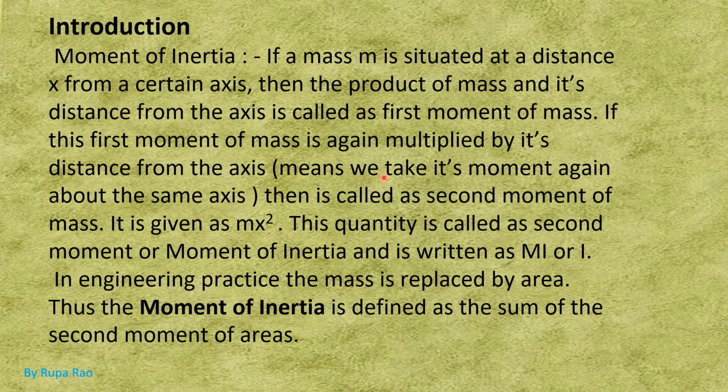This quantity is called the second moment or moment of inertia, and it is written as MI or only I. In engineering practice, the mass is replaced by area. Thus, the moment of inertia is defined as the sum of the second moment of areas.